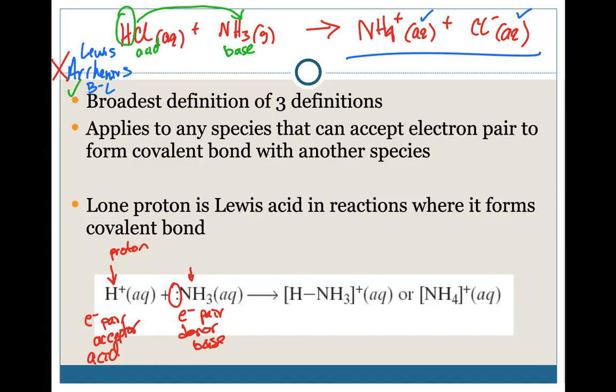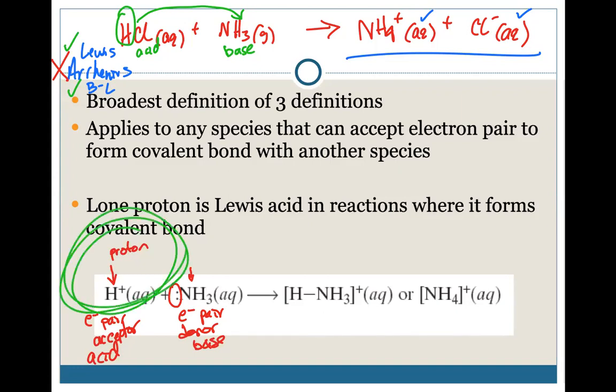Third definition, does Lewis apply here? Well, I'll give you a clue. If something is a Bronsted-Lowry acid, it must also be a Lewis acid. Same with the base, because the definition of Bronsted-Lowry is donating a proton.